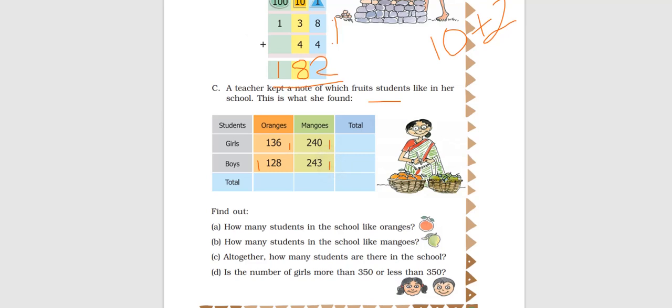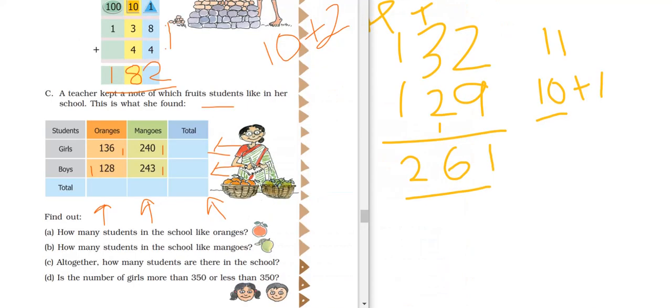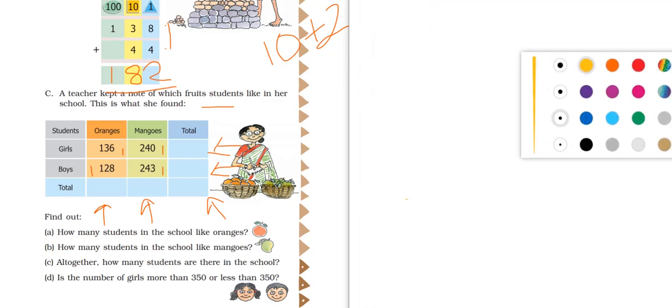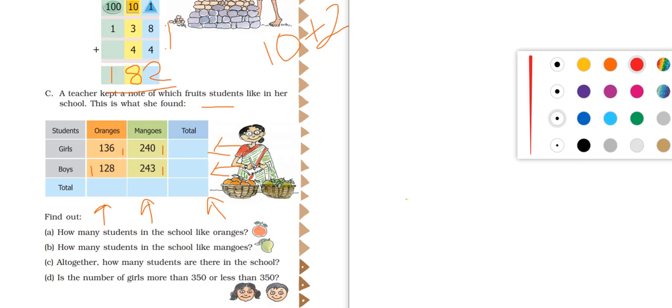So let's count how many students like oranges, how many students like mangoes, how many girls are there in all, and how many boys are there in all, and also finally how many students all together. Okay, let's erase this stuff and let's use a different color this time.